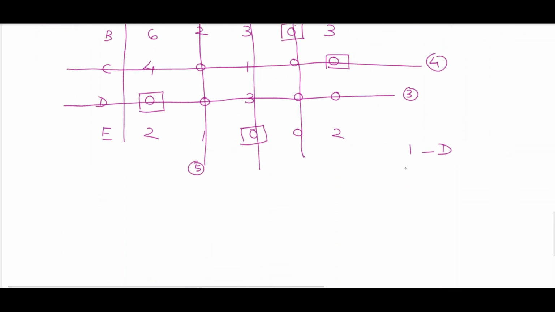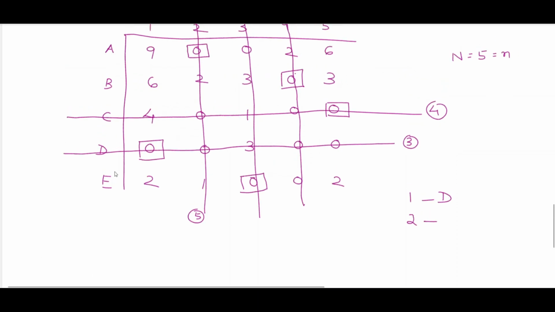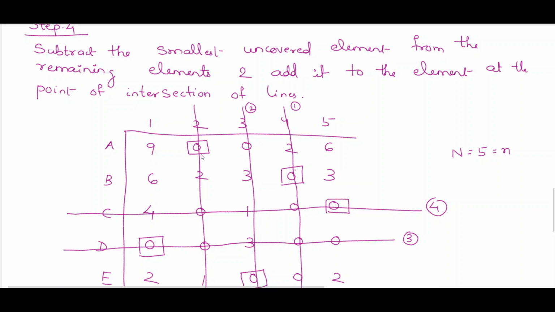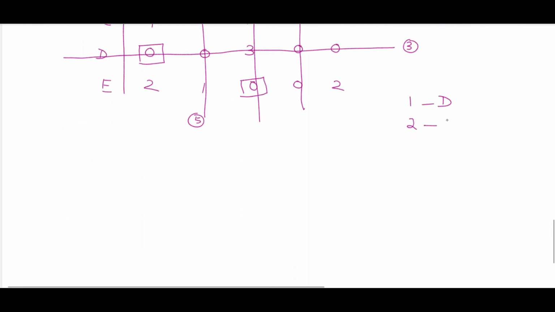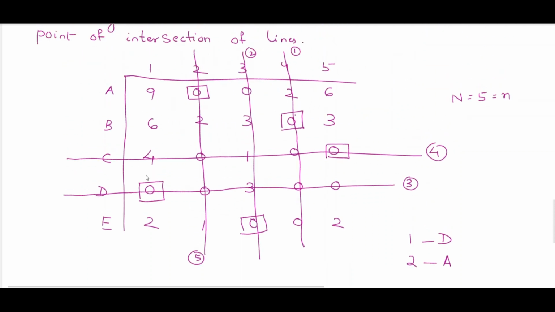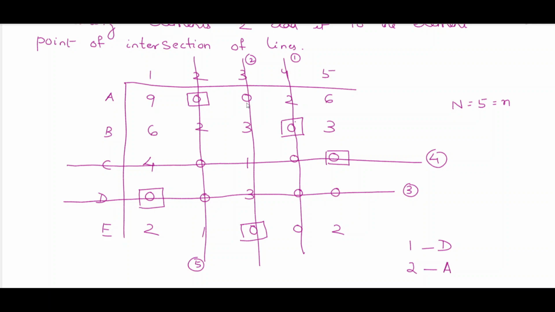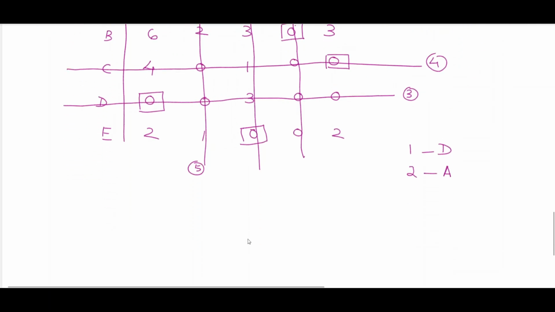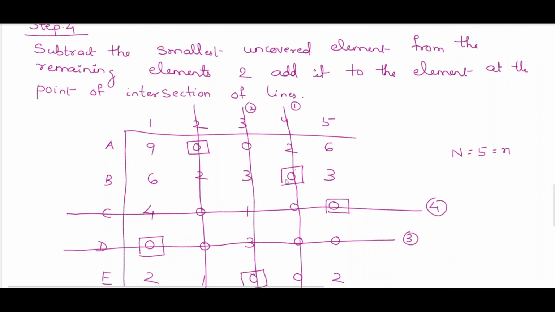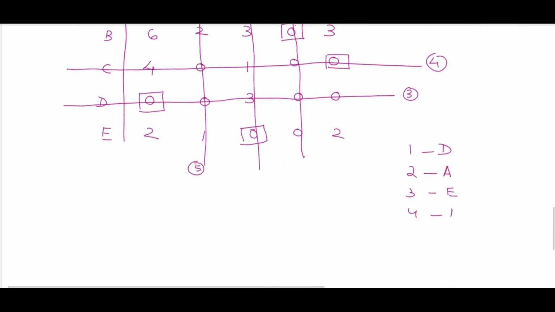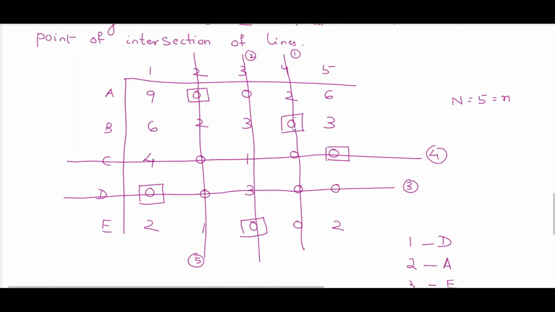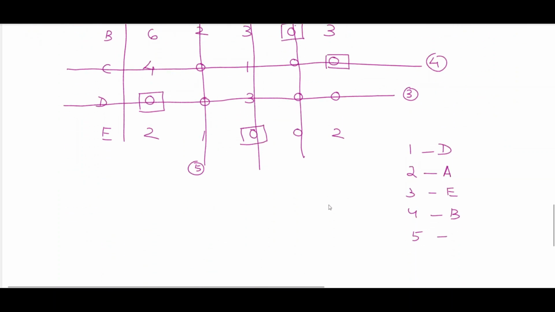Similarly machine 2 we have allocated to mechanic A. Similarly machine 3 is allocated to mechanic E. 3 for E, and 4 is allocated to B, and the fifth one is allocated to C. So now we have assigned different jobs to different people.